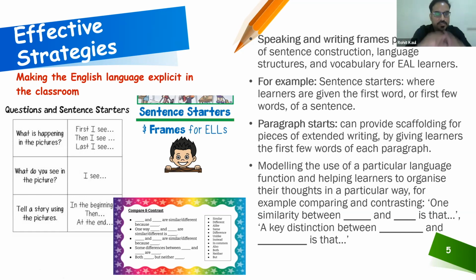Even after giving these sentence starters and questions to start with, you need to model and scaffold that so that they will understand. You can start with what a good one looks like, so that they understand, okay, on these lines we have to think. They will put their thinking caps on and start using the language, coming up with the vocabulary. Okay, let's move further.